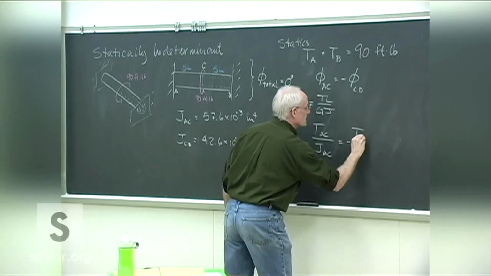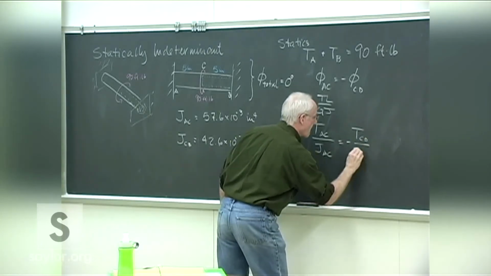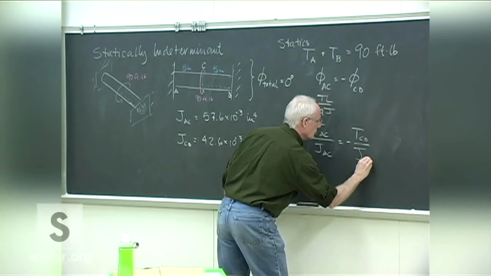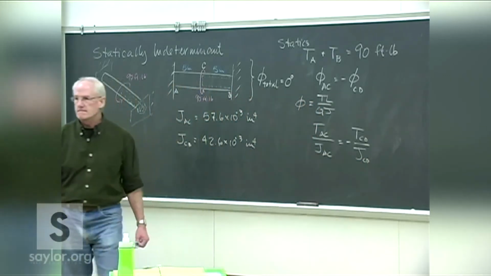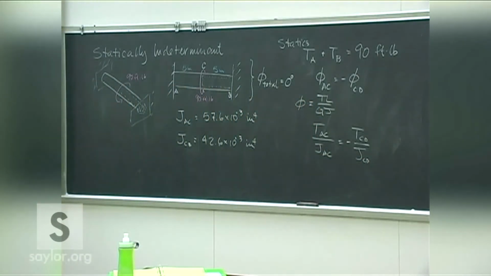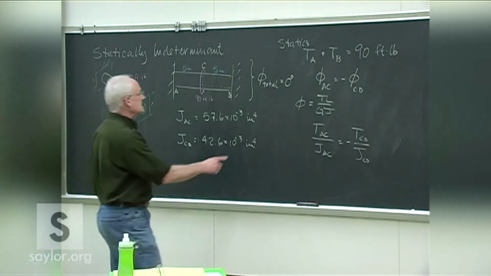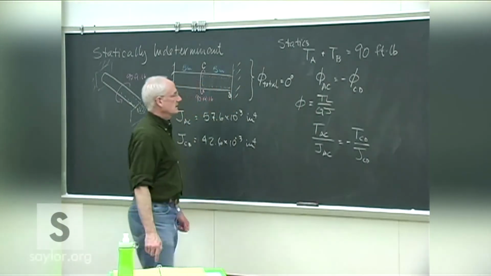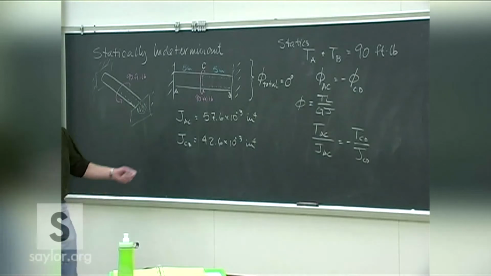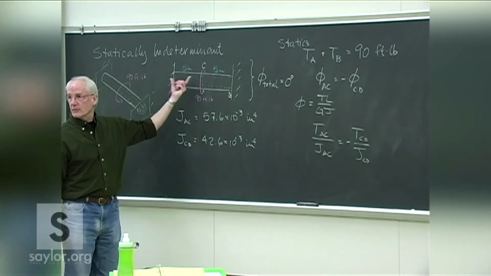We get just the inverse ratio of the two polar moments of inertia. Wouldn't be that simple, except the lengths are the same. Could have been too that they were different materials.